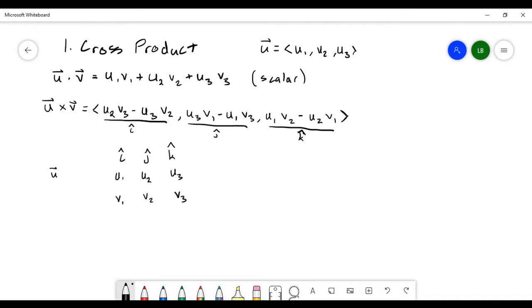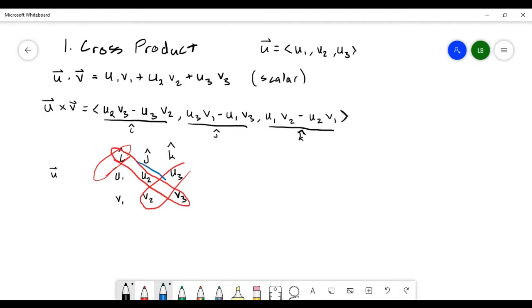To find the first component for i, we would take the forward cross, so u2 times v3, and we would subtract the backwards cross. You just have to think of it wrapping around, so minus v2 times u3. That's what it would look like.